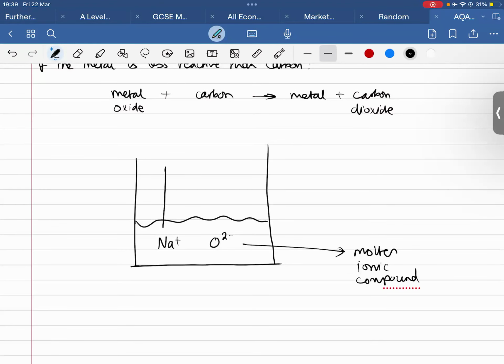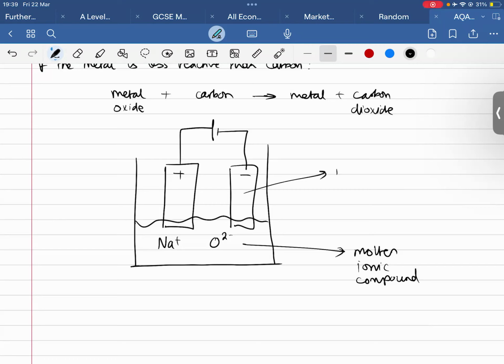And we connect it to electrodes. We have a positive electrode and a negative electrode, and that's connected to electricity. Also, we have to make sure the electrodes are inert, one positive, one negative. Inert just means unreactive, because when our thing goes to the electrode, we don't want any further reactions.